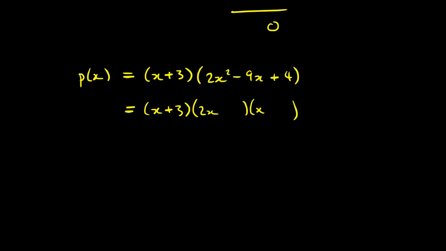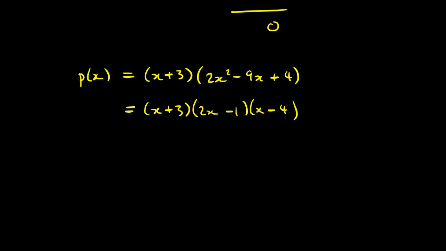I think that's going to be negative 4 and negative 1, because negative 1 times negative 4 gives positive 4. Then 2x times negative 4 gives negative 8x, and negative 1 times x is negative x. So negative 8x minus x is minus 9x.